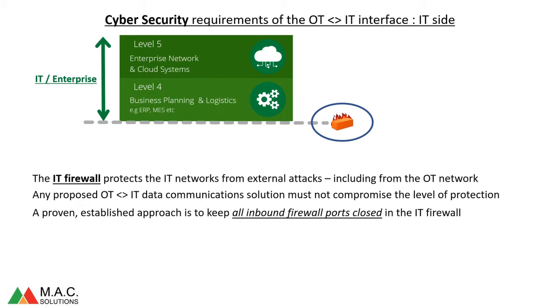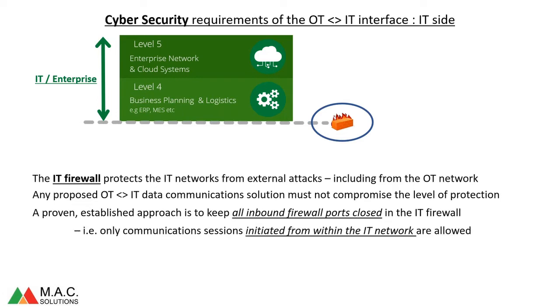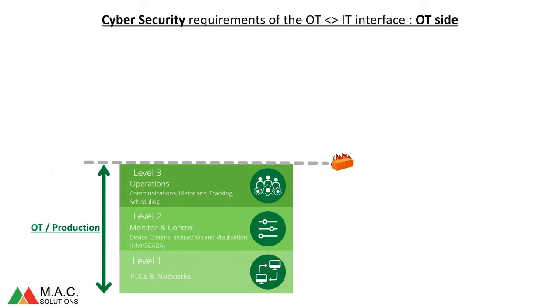A proven established approach, recommended by various authorities, which we'll come into later, is to keep all the inbound ports closed in that firewall, so not allow sessions connecting from the outside in. Only sessions initiated from the inside out are allowed. Outbound is okay. Inbound is not allowed.